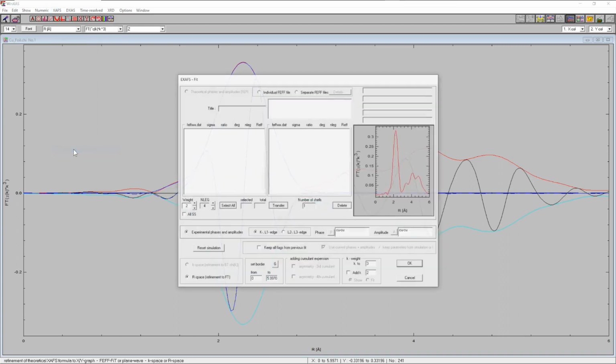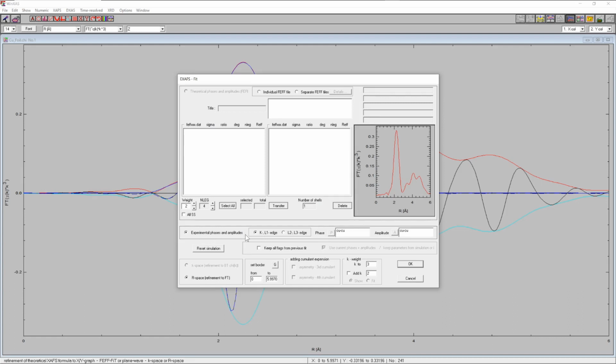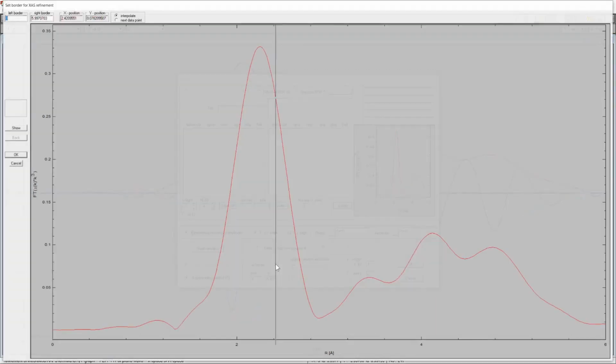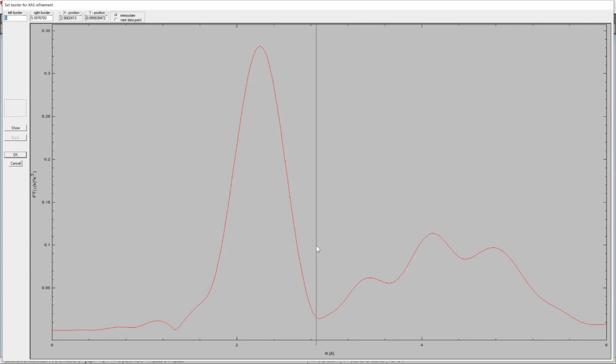So EXAFS refinement now, again, we want to use experimental phases and amplitude. All those settings can stay. The only thing now we need to do is we need to select a range in the radial distribution function. So because we do only have the experimental phases and amplitude for the first shell, we can only perform a calculation and refinement to the first shell of this radial distribution function.